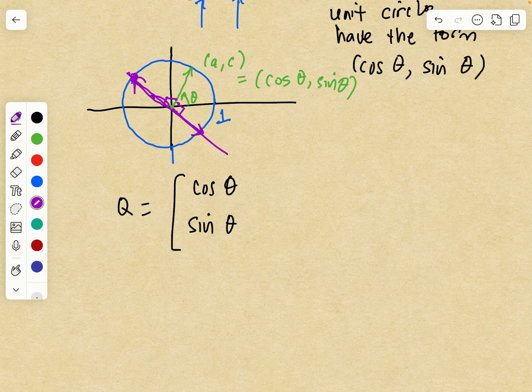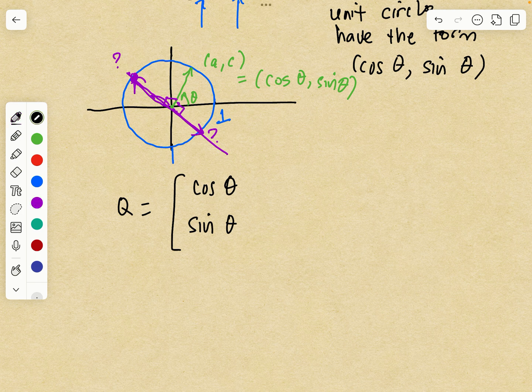So I get 90-degree angles. And how do I find these points? Well, those points are obtained by rotating the first vector either 90 degrees clockwise or 90 degrees counterclockwise.